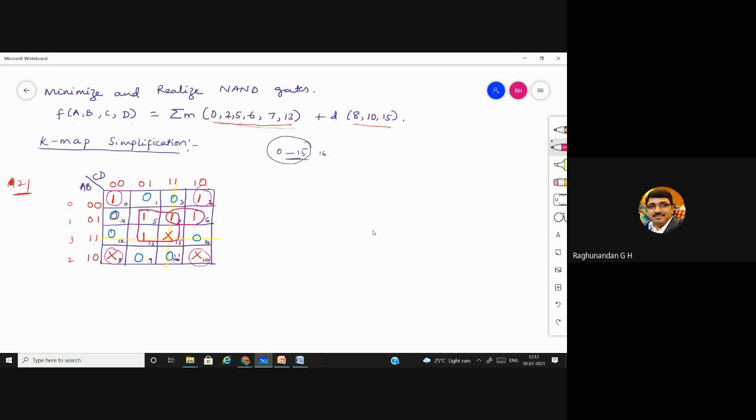Okay, now I can use this corner, this corner, this corner, this corner members to combine them as one group. See, here we are having 1, here we are having 1, but here we have don't care. And I told you, don't care functions can be used based upon our convenience. Okay, so for my convenience, I assume this position as 1, because I can make them as a pair.